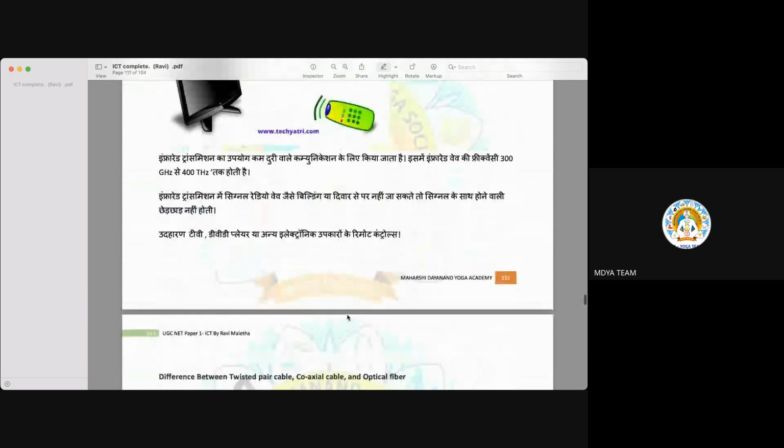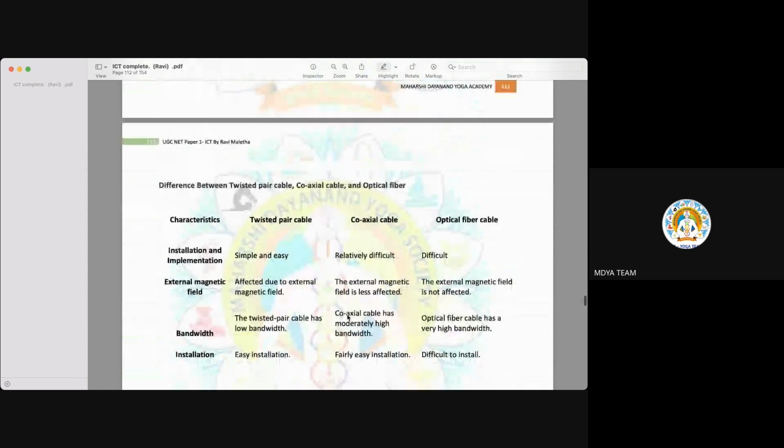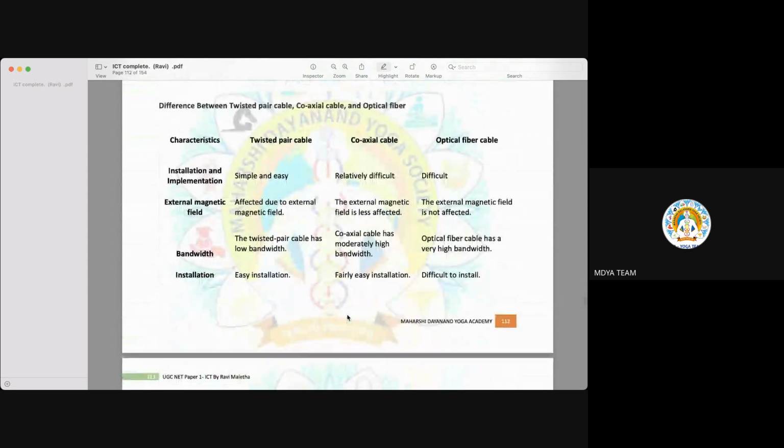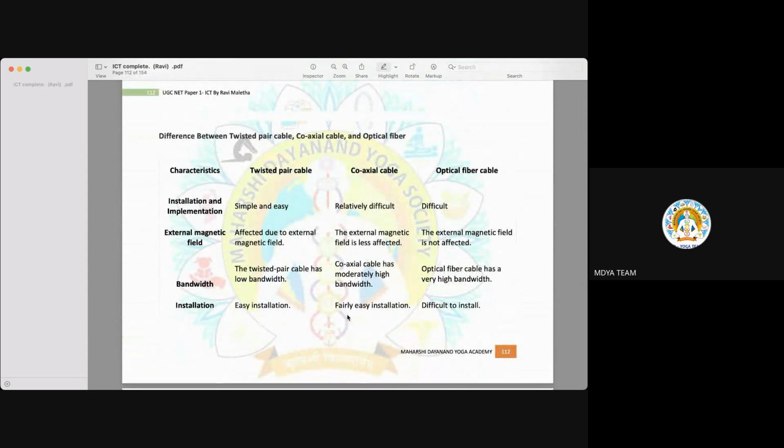I think this much is enough for you. Here there is a comparison, so we'll just look into it. What are the characteristics of these guided transmission media? That is twisted pair, coaxial, and optical fiber. In twisted pair, the installation and implementation is simpler and easier.